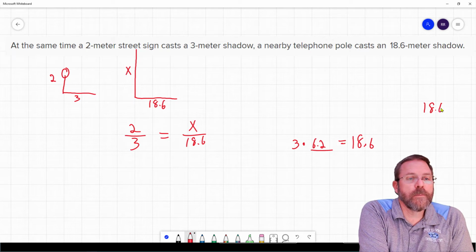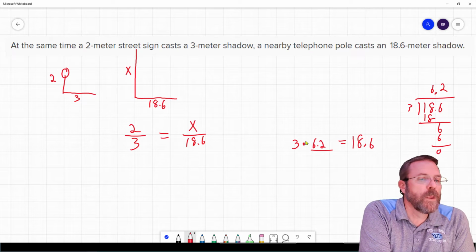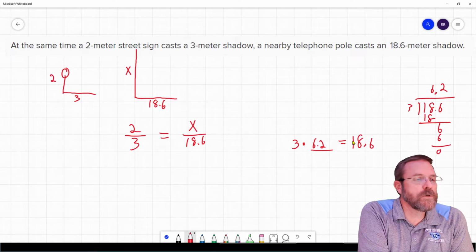I'm going to take 18.6, divide it by 3. 3 goes into 18 6 times. 6 times 3 is 18. Decimal goes up, 6 goes down, 3 goes into 6 2 times, which is 6, nothing left over. So 3 times 6.2 is 18.6.